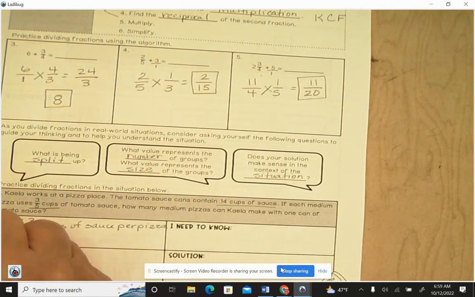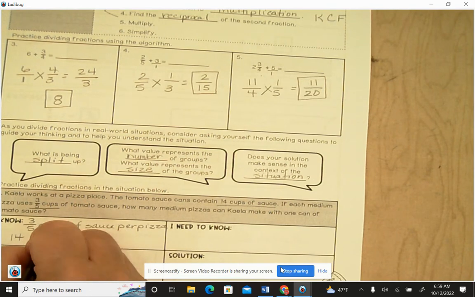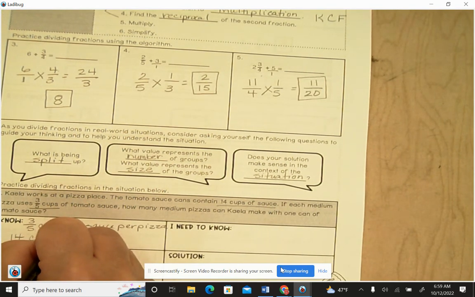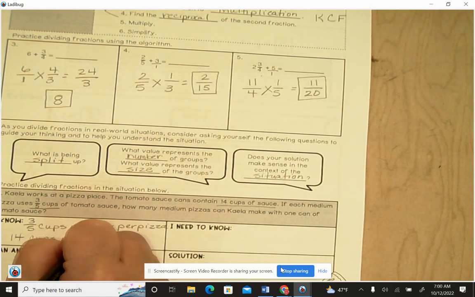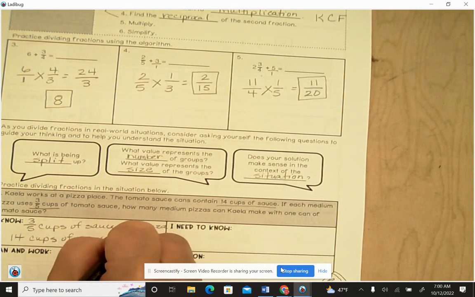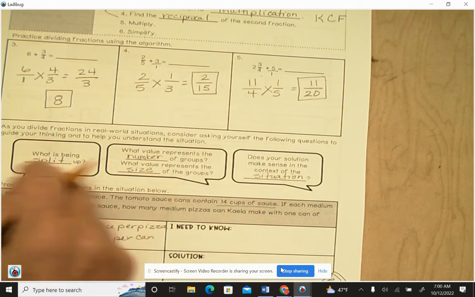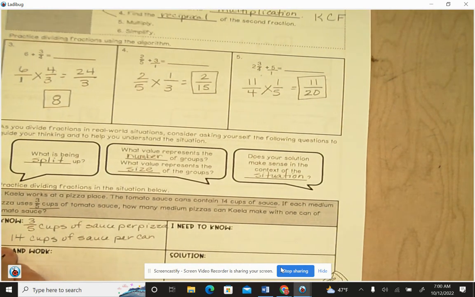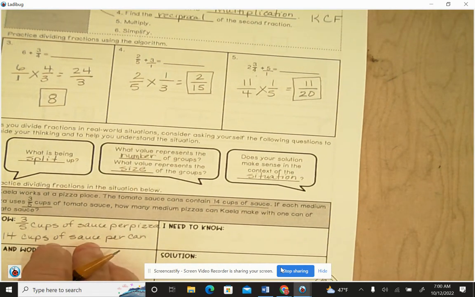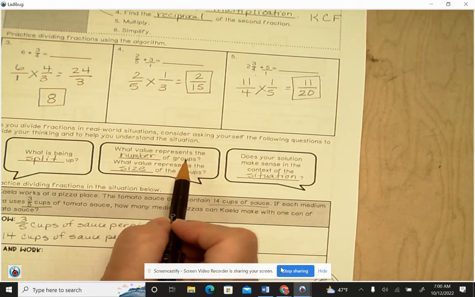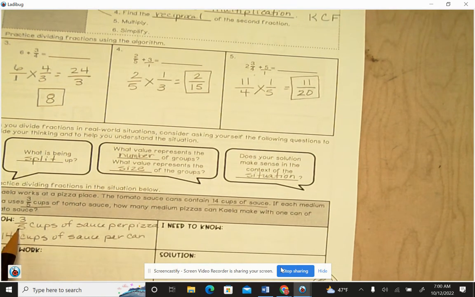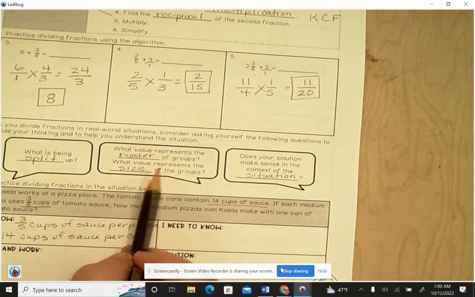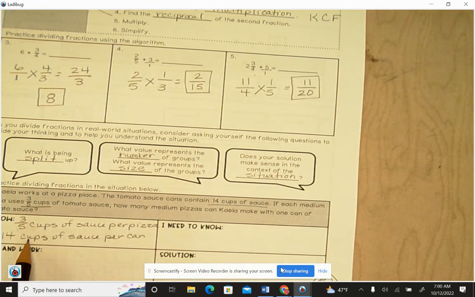And we have 14 cups of sauce per can. Okay, and in the context of this question, what's being split up is going to be this 14 cups of sauce per can. What value represents the number of groups? In this case, it's going to be 3/5 cup, and the size of the group is 14 cups.